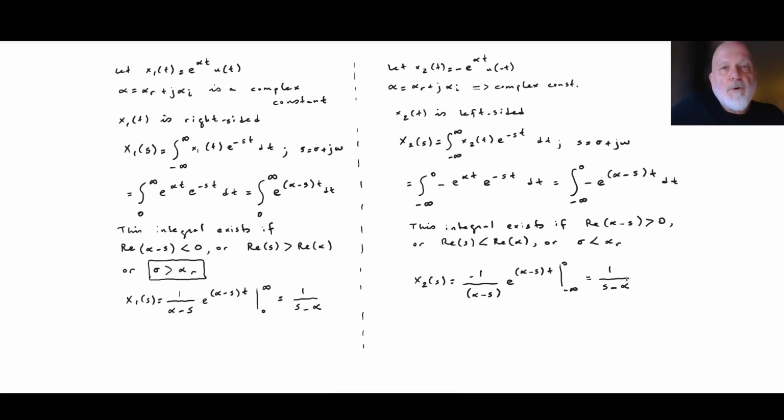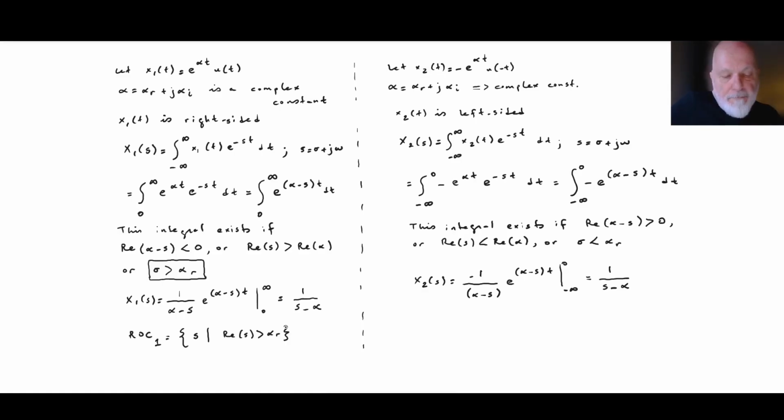The Laplace transform of x1 of t is 1 over s minus alpha, and the Laplace transform of x2 of t is also 1 over s minus alpha. So their functional expressions are identical. However, the region of convergence for X1 of s, let us call this ROC1, is all those s such that the real part of s is greater than alpha r.